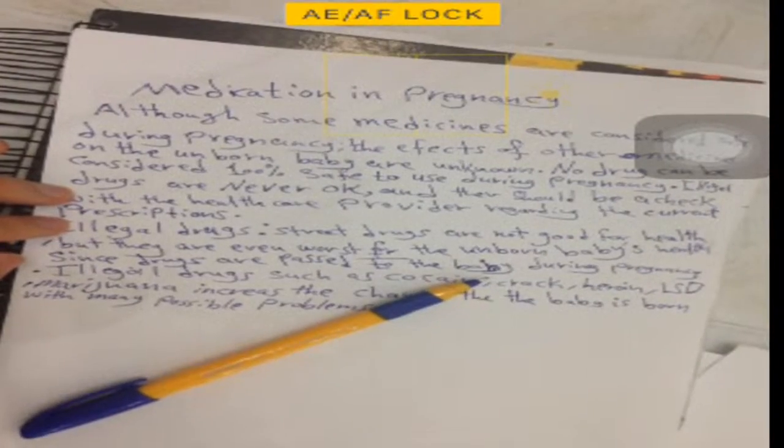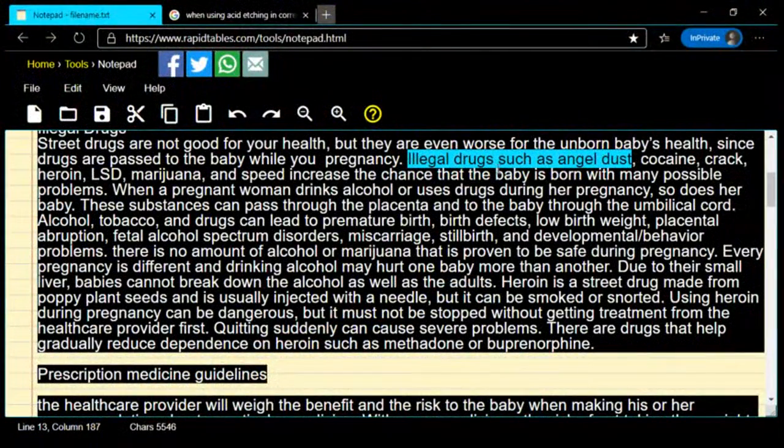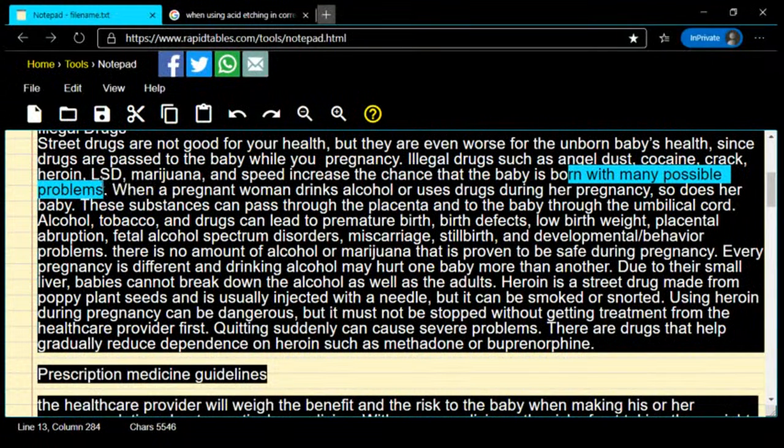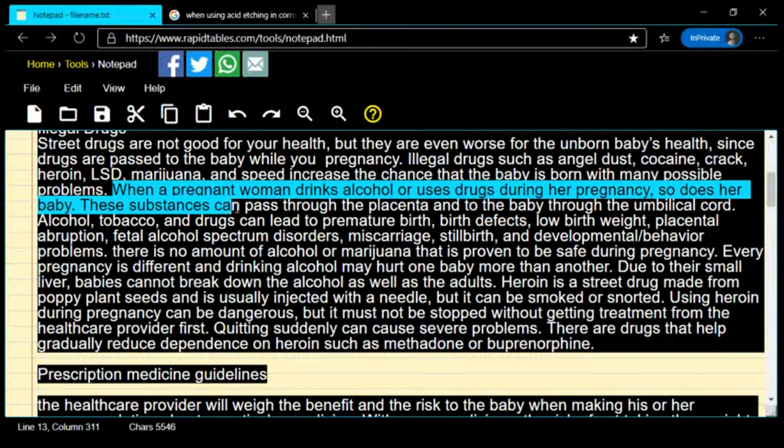As we can see here in the dash, again, possible and very possible problems. Now we will write this.